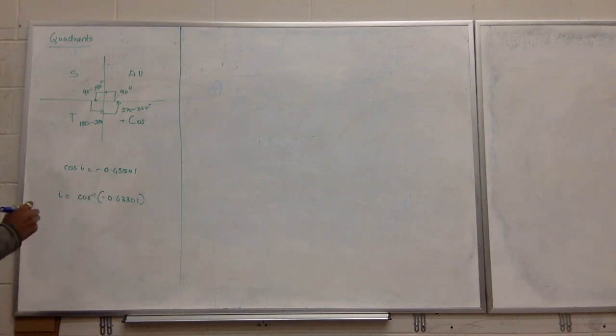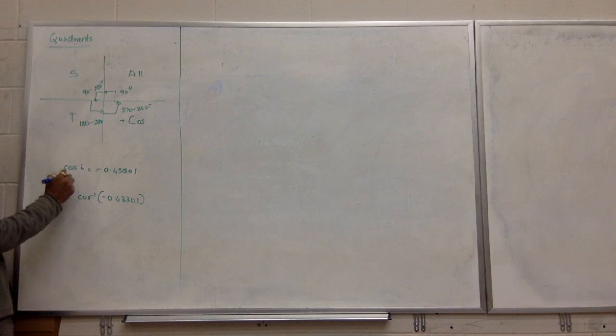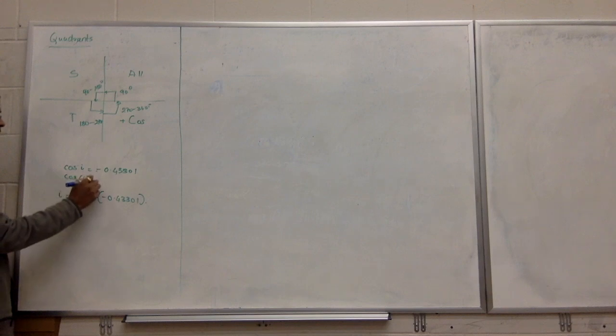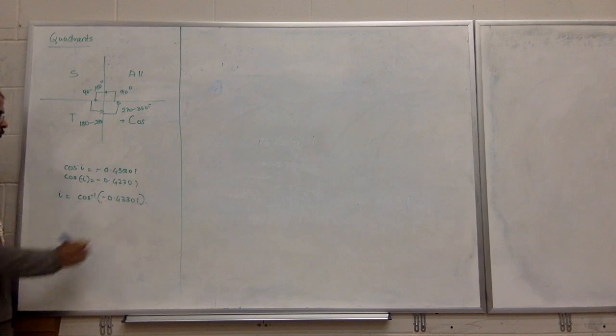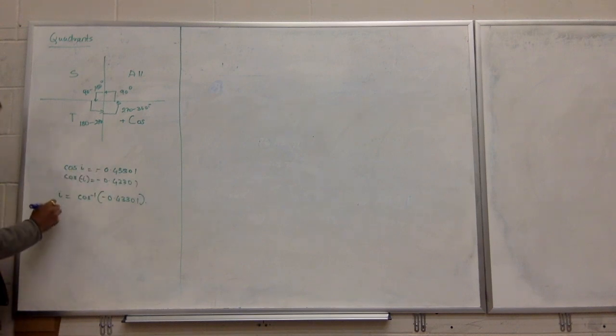Cosine of i is also equal to cosine of negative i. So i is this, and negative i is also this.